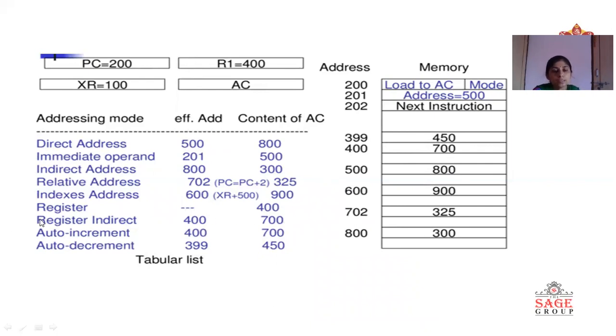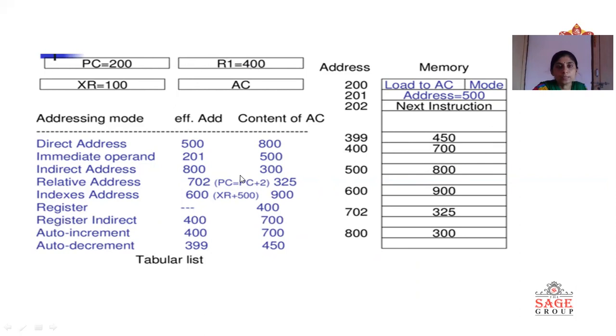This is the register indirect case. But in the register direct mode, which we discussed previously, there is no effective address; the value 400 is loaded directly into the accumulator.